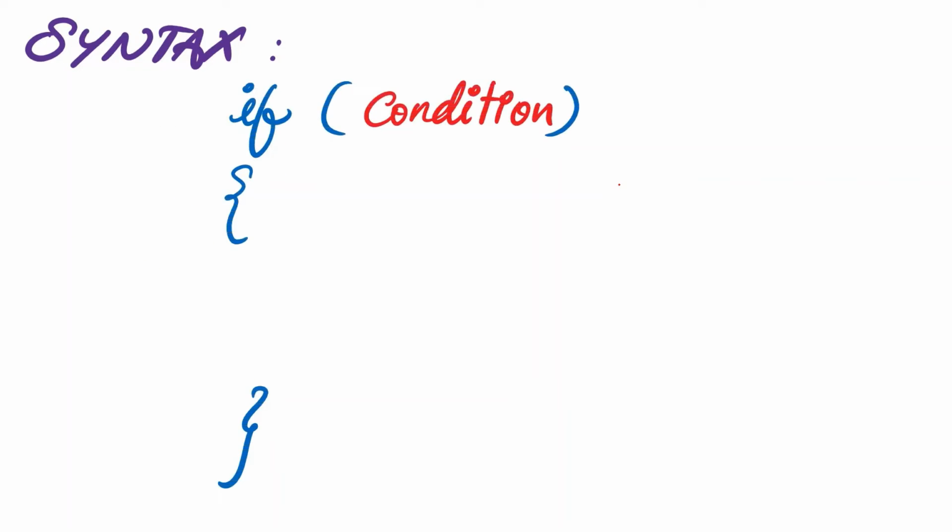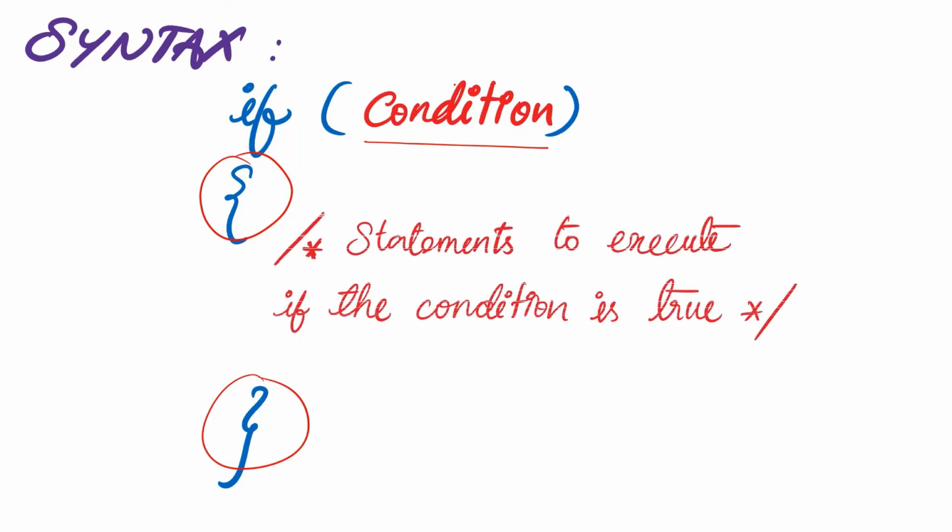Let's see an example. Before that, let's see the syntax. So here the syntax of simple if statement is, we will have a condition within a set of parentheses here, and within this block of code, we are going to write the statements which say what we have to do when this condition is true.